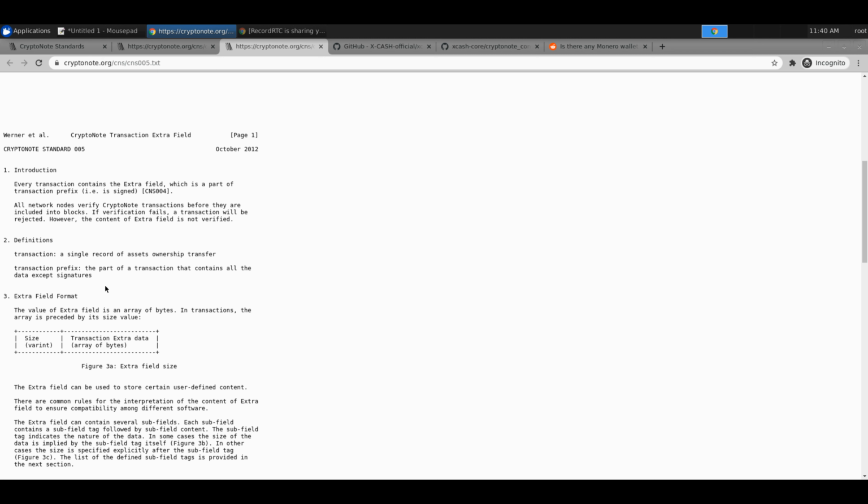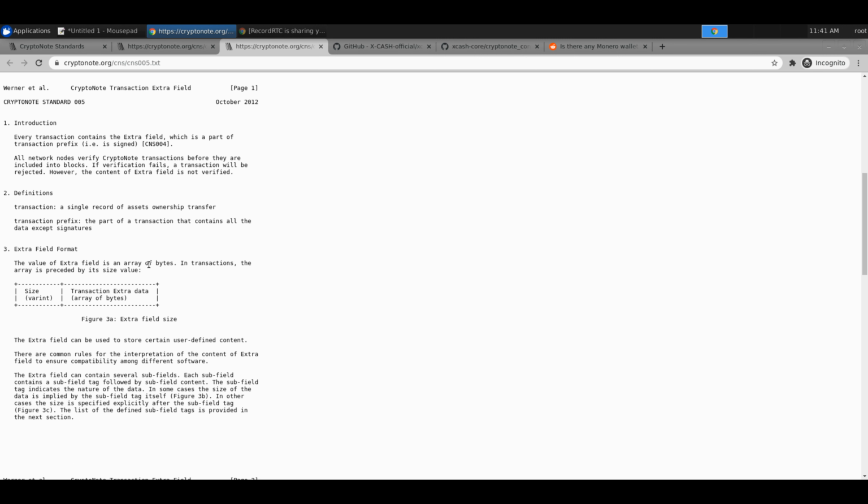You can put as much extra data as you want. There's a place in the code where it's limited to, I think, 1 kilobyte, and I upped it to I think 4 kilobytes. So you can't put whatever you want into it, but you can go up to 4 kilobytes on ours.